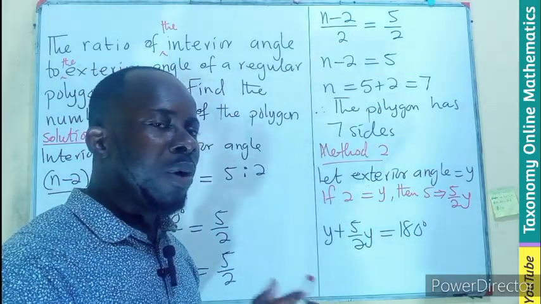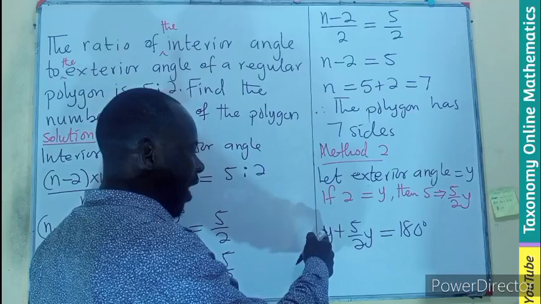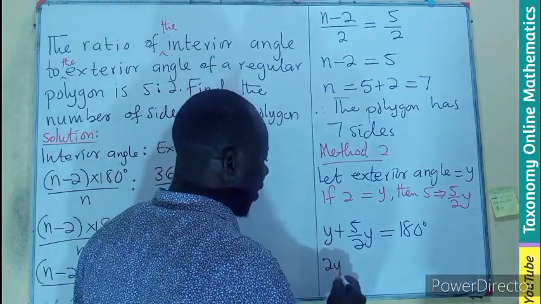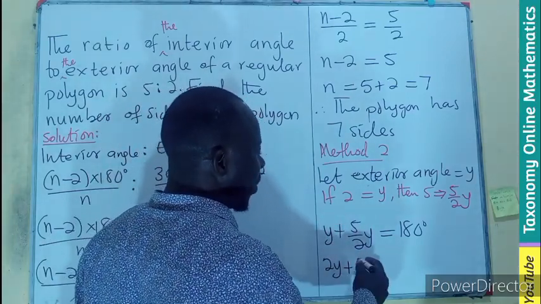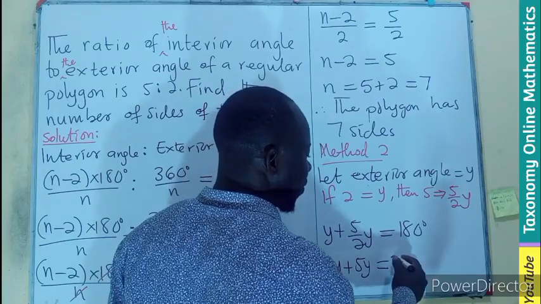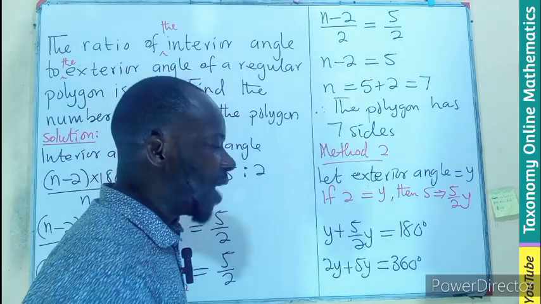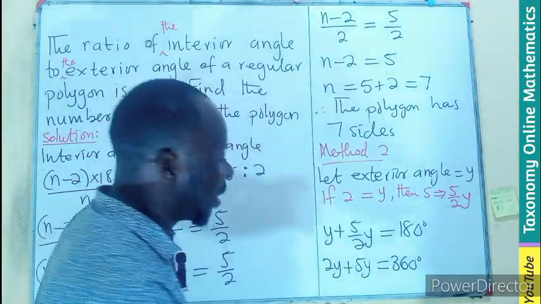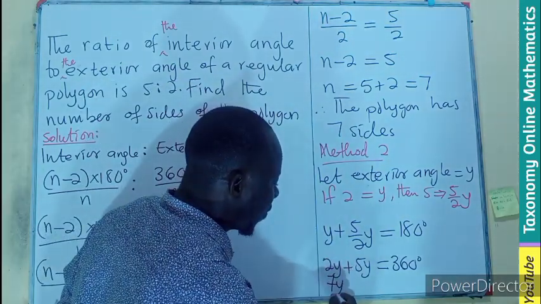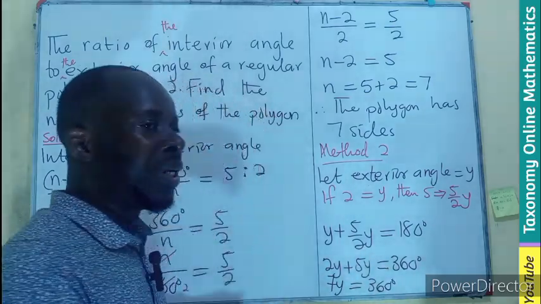So we are having a fraction. What do we do? We multiply through by the LCM, which is 2. So 2 times y will give you 2y. 2 times 5 on 2 y will be left with only 5y, equals 2 times 180, which is 360. So here I'll be having 2y plus 5y, that will give me 7y equals 360 degrees.